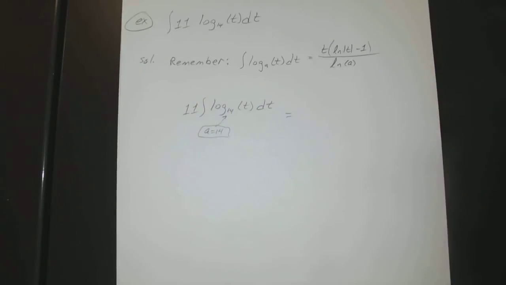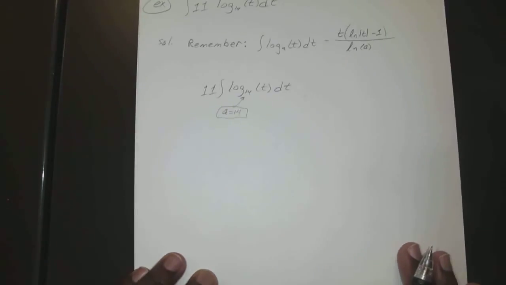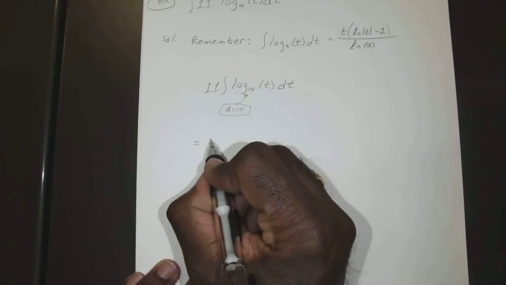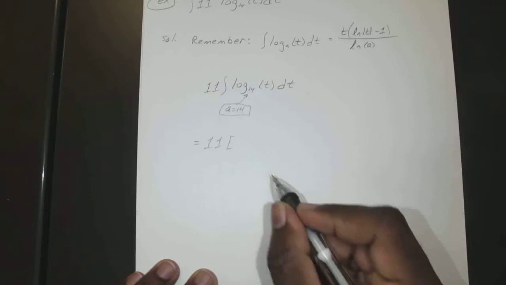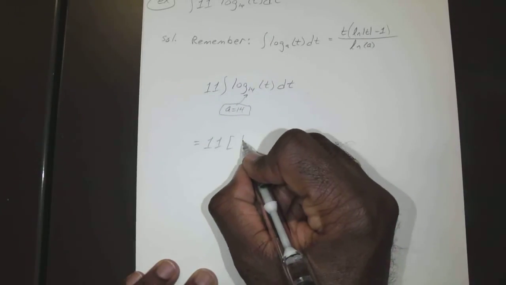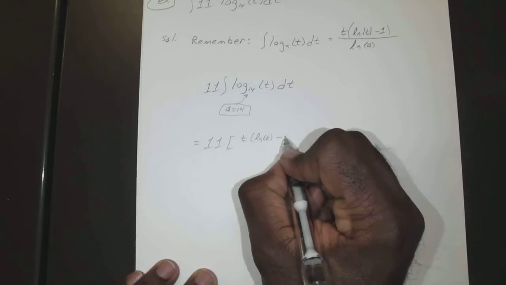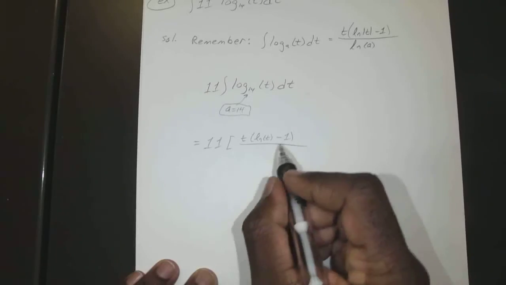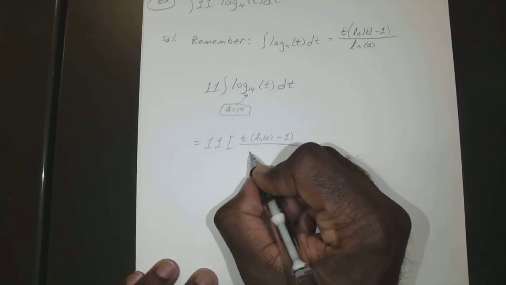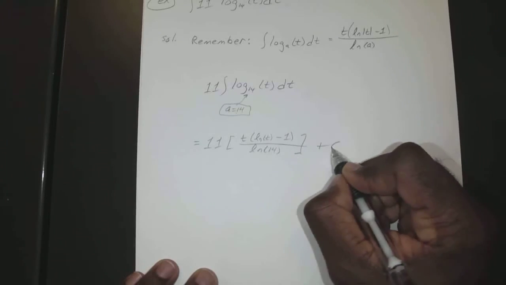So that's going to equal, I'll put it underneath, 11 times t times natural log of t, minus 1 all over natural log of 14, plus c.